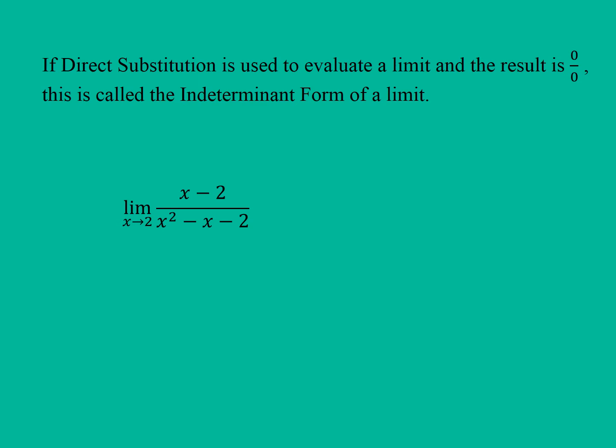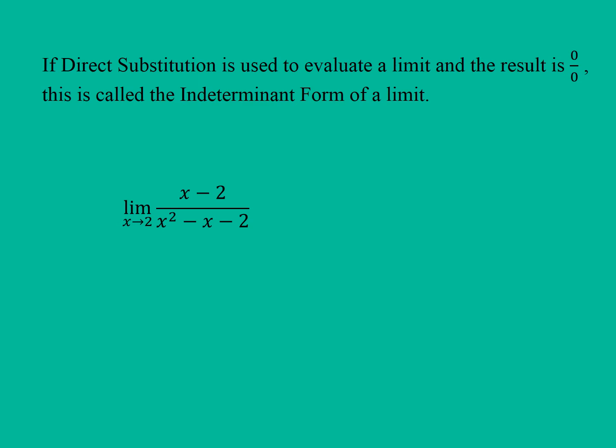Now, if direct substitution is used to try to evaluate a limit and we get 0 over 0, this is called the indeterminate form of a limit. And that gives us some special information that we can use if we get this indeterminate form.